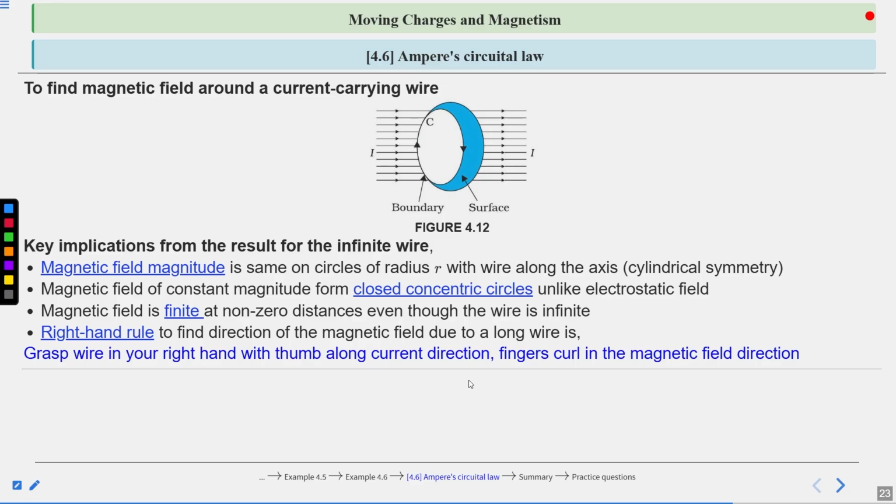If the magnetic field direction is given and you have to find the current, you curl the fingers in the direction of the field and the thumb gives the direction of current. And if the current is given, you grasp the wire and point your thumb in the direction of current, and you will find the magnetic field from the curl of the fingers.